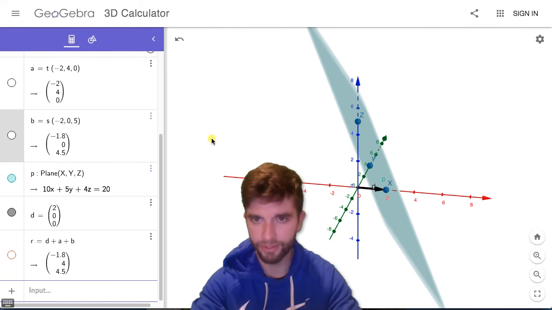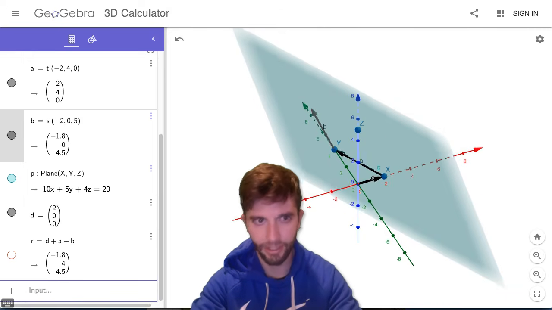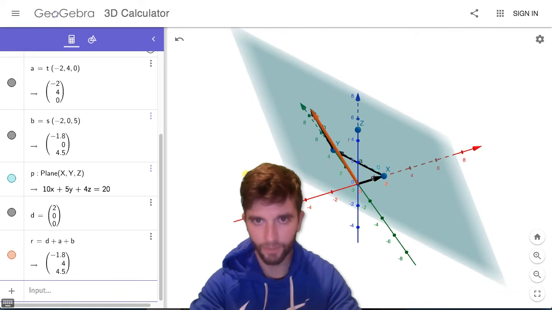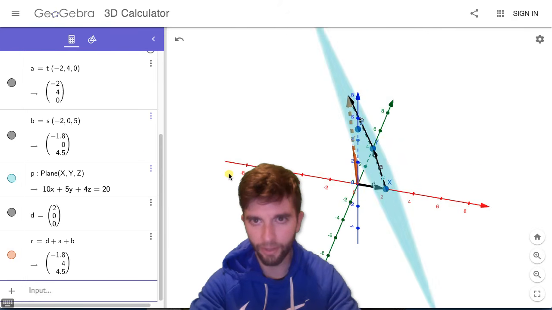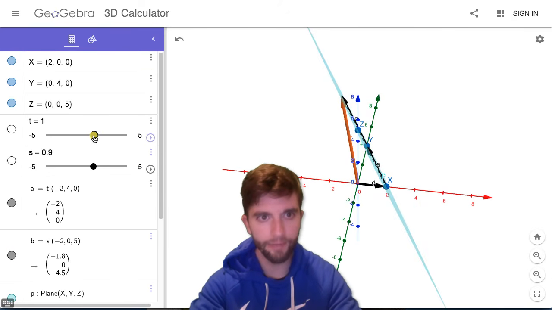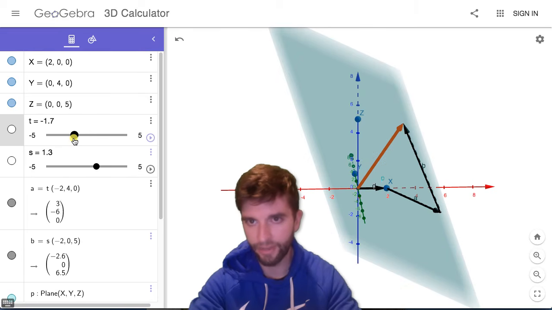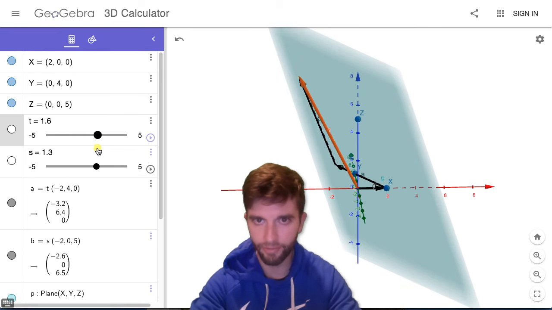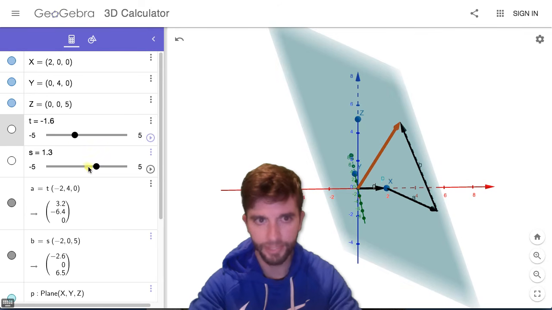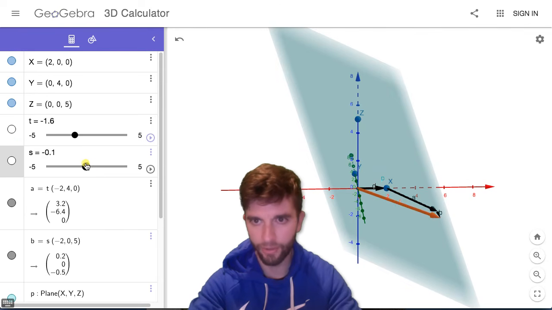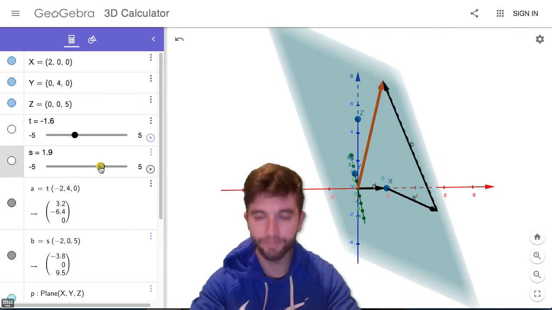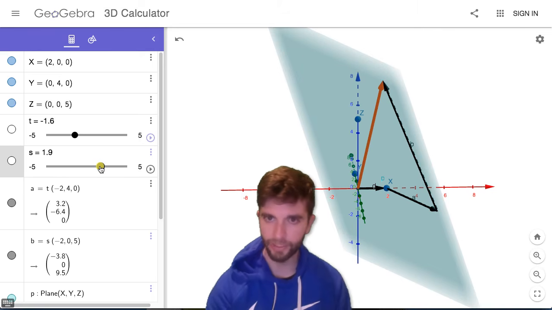And once I find those two direction vectors, I can add scalar multiples of those two direction vectors to the position vector, and then I'll get a resultant vector which will always have its tip at a point on the plane, no matter how I vary the scalar multiples of those direction vectors. Notice as I vary the scalar multiples of those direction vectors, the tip of the resultant vector is always going to be at a point on the plane. That's why we call it the vector equation of the plane.